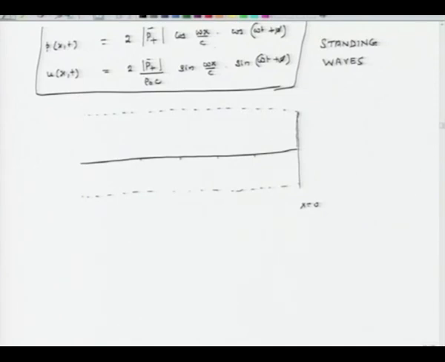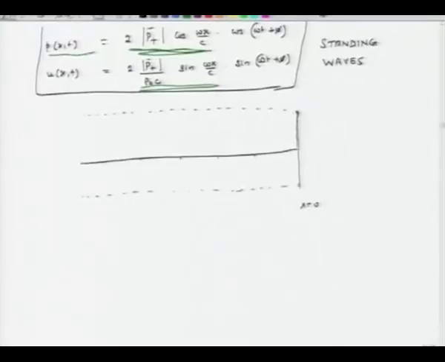What I am going to plot right now is only this portion of pressure and only this portion of velocity. At x equals 0, my pressure is maximum, and that maximum could vary because of time fluctuation. So, it could vary between these two limits.